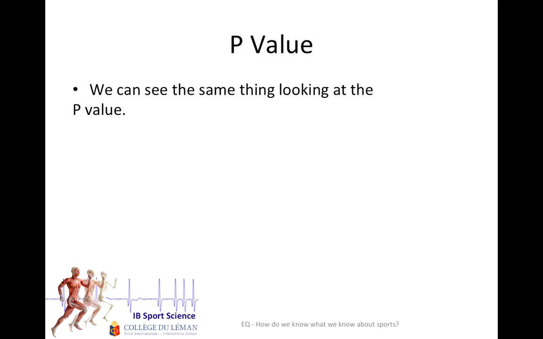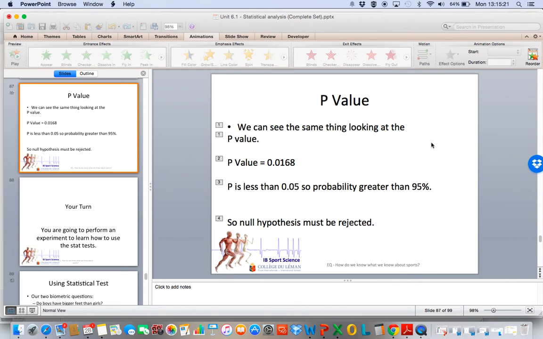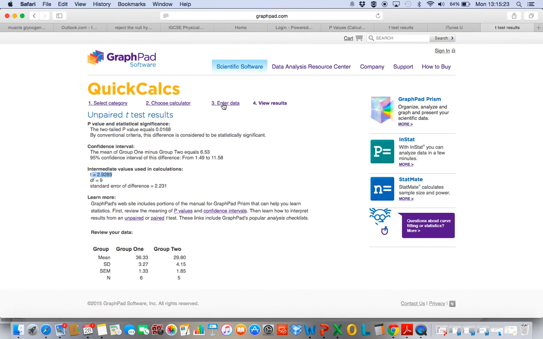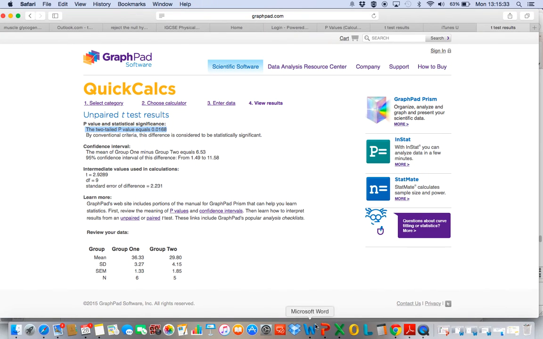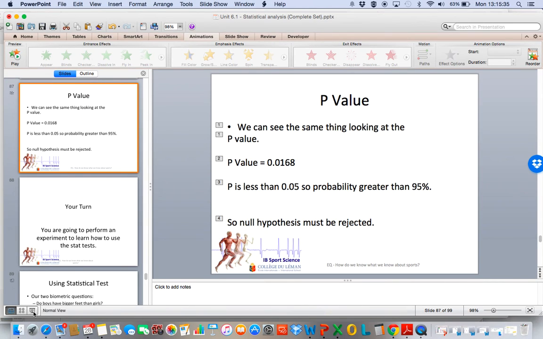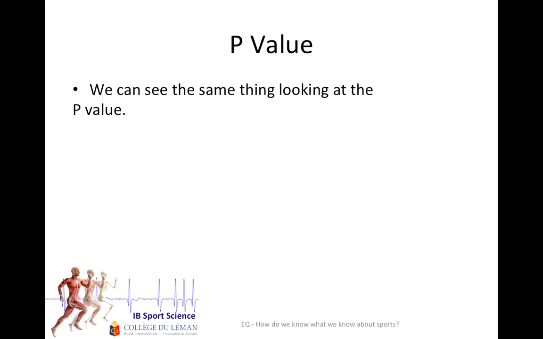Again, we can see the same thing looking at the p-value. So we've calculated the p-value. That was on GraphPad, if you remember. Just up here, 0.0168. So our p-value is 0.0168.